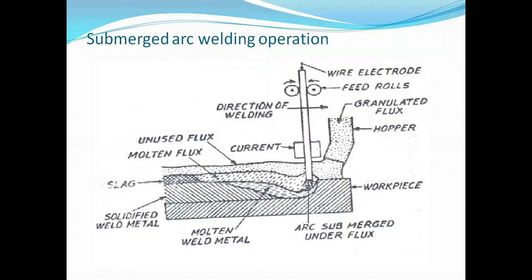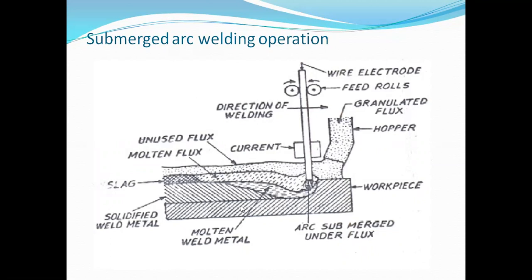Here also we are using a wire electrode and two rollers are provided. With these two rollers, the wire is continuously fed to the welding zone, and here we are providing a granulated flux hopper. Understood? So it is a shielded area.